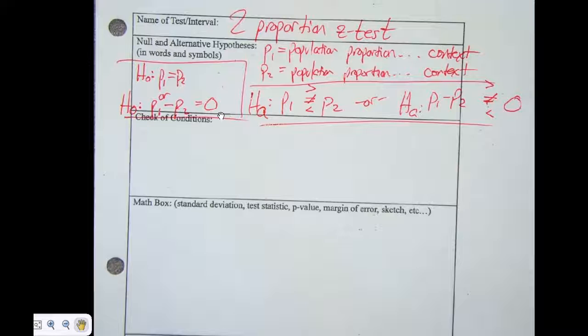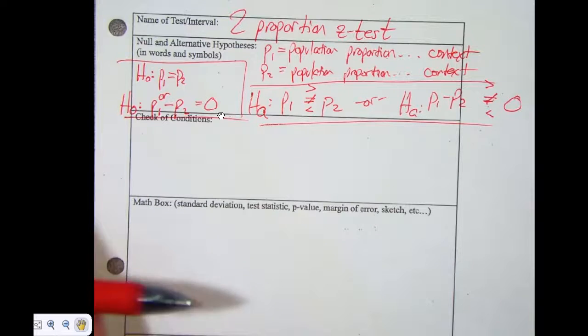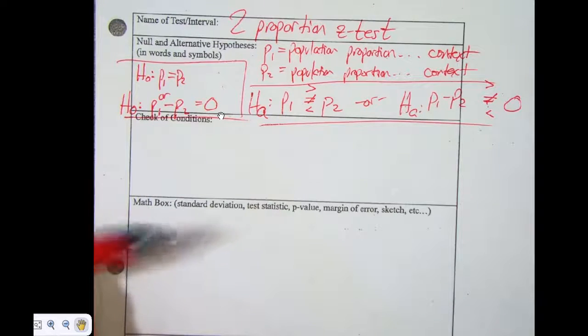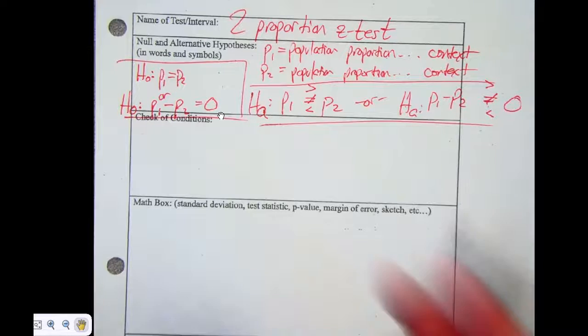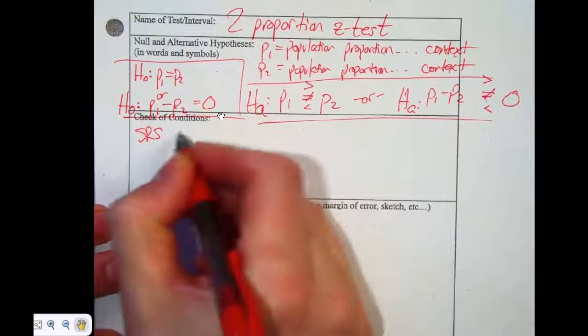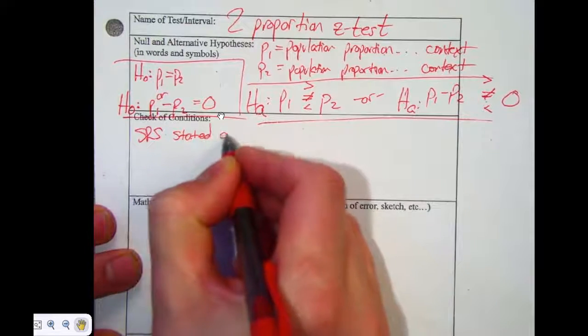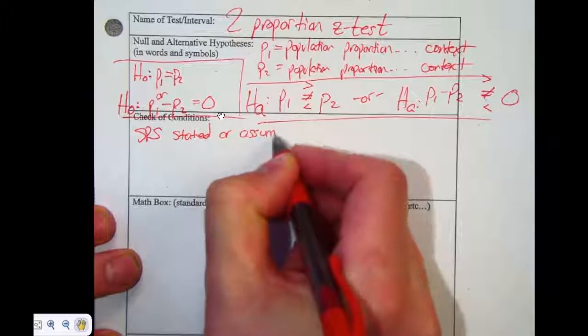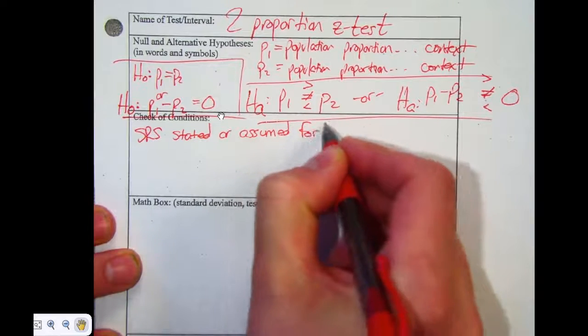Yeah. Sorry, man. Conditions. Am I going too fast, or are we okay? I'm going too fast? Alright. So conditions, you gotta say SRS, stated or assumed. Same as before, but now you're just doing it for both.